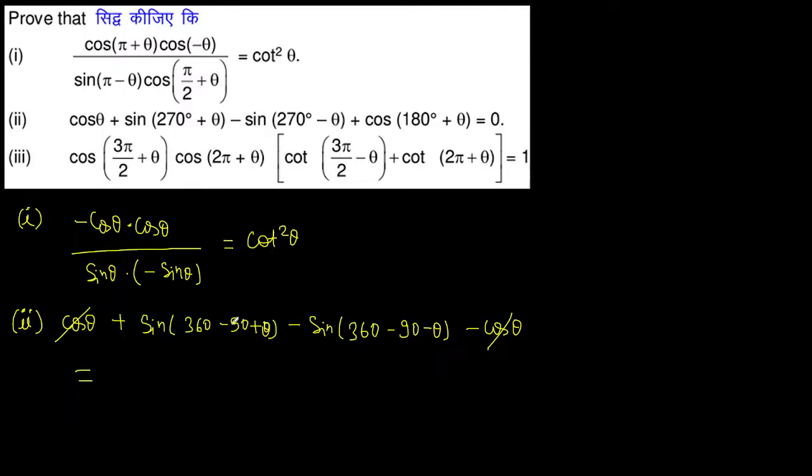If you see 360 minus theta, first we will do 360 plus theta, which is 360. Okay. This is plus theta whole value. So minus 90 plus theta. This is sine minus 90 minus theta.